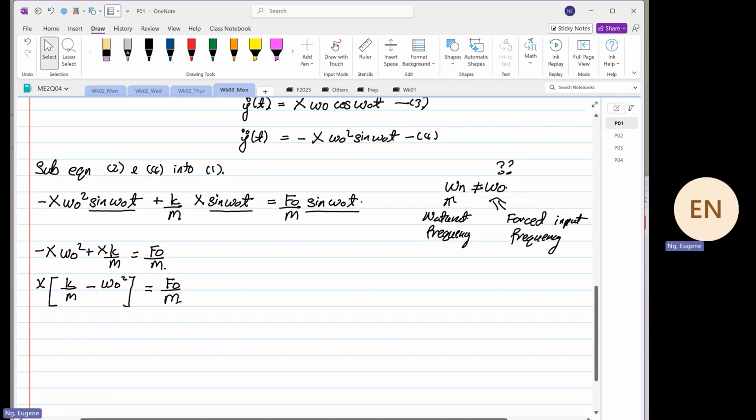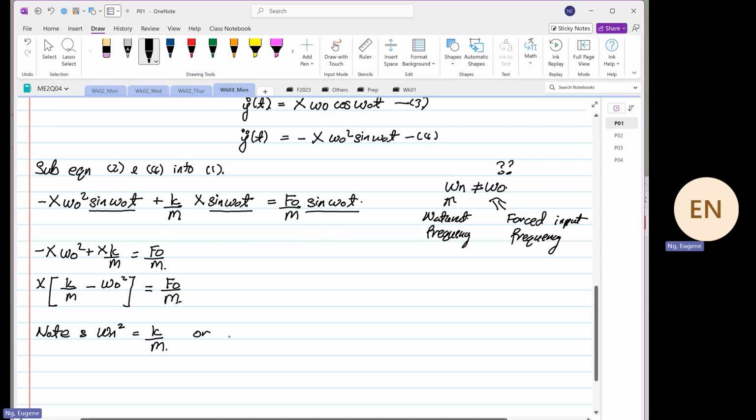So one thing we realize is, note that we have a term omega n squared. Omega n squared is equal to what? k over m, right?